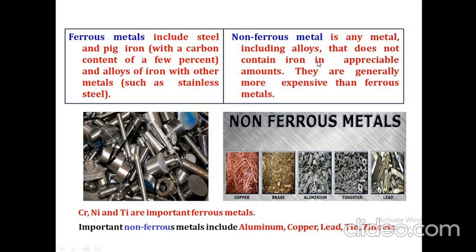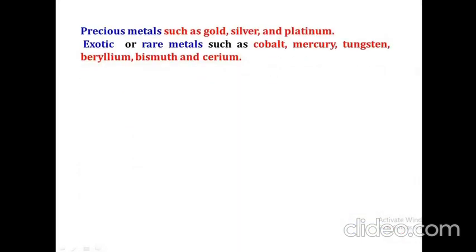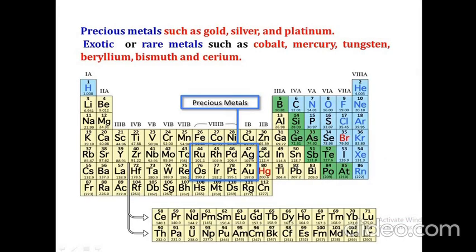Non-ferrous metals include any metals, including alloys, that do not contain iron in appreciable amounts. They are generally more expensive than ferrous metals and include aluminum, copper, lead, tin, zinc and so on. Other precious metals include gold, silver and platinum. Exotic or rare metals include cobalt, mercury, tungsten, beryllium and bismuth.